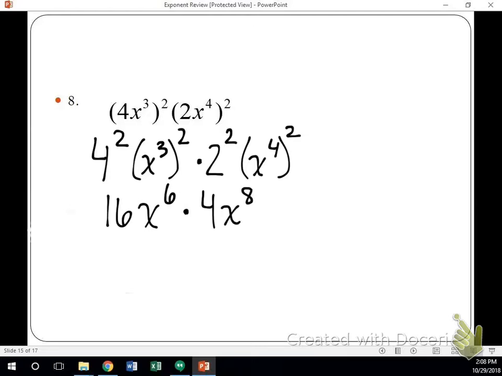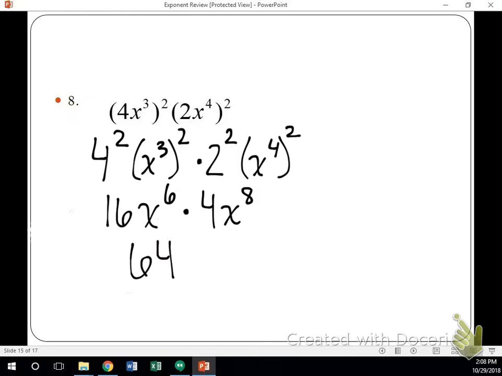But we're still not done. What's going to happen to the 16 and the 4? We multiply them together. 16 times 4. Is it 48? 64. It is 64. Now we are multiplying 2 of the same base. What do we do with their exponents?